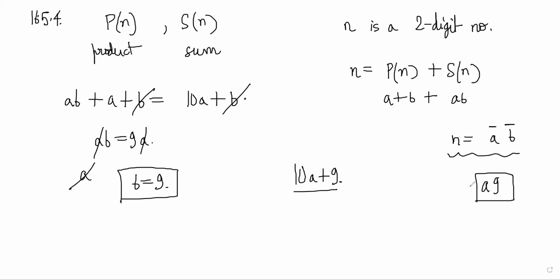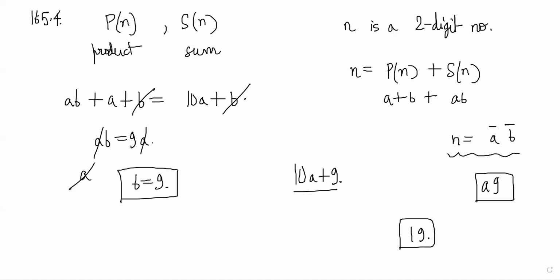Yeah. One product is 9, doesn't satisfy all the time. 119 doesn't satisfy it. And 19 does, right?